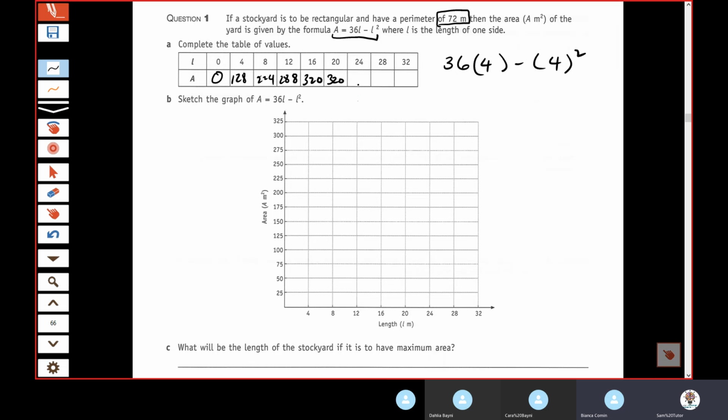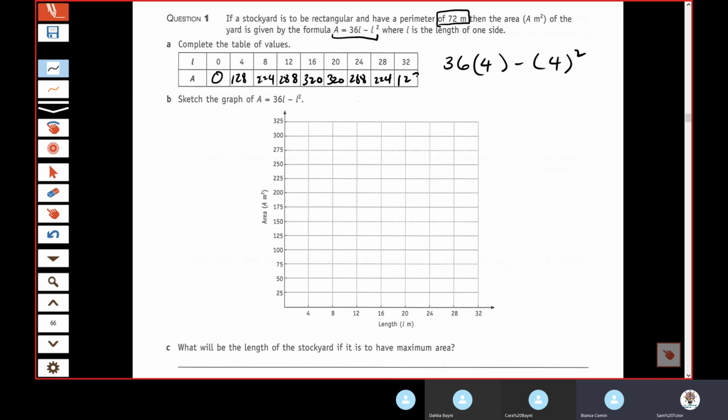Yep. 24, 288. Yeah, 20, that's better. 224. And I'm guessing at 32 it should give us back 128.